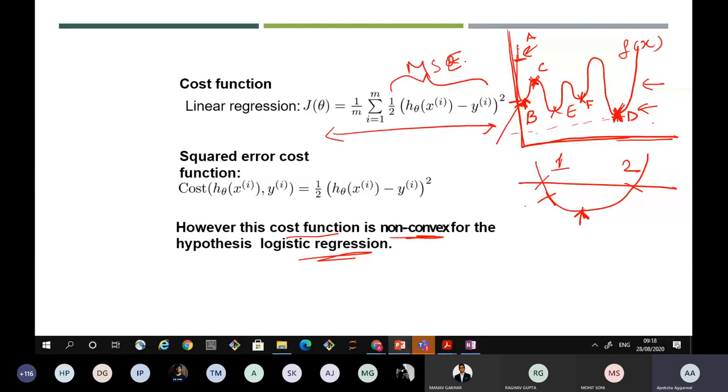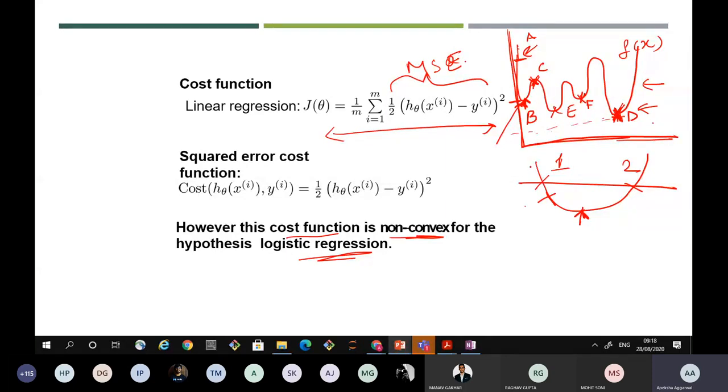And local minimum is wherever we are starting and we reach a minimum point from where we cannot go more downwards, we have to move upwards. From that point we call it a local minimum. So B, E, F, these are all called local minimums, and D is called the global minimum for this whole function. This is clear?